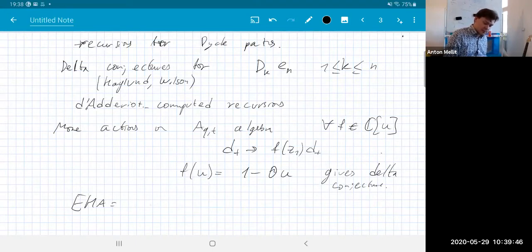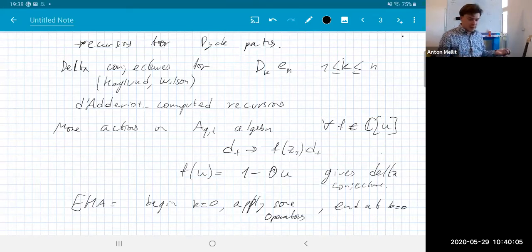So begin at k equals 0, apply some operators, and then end at k equals 0. These kinds of expressions belong to the elliptic Hall algebra. And so we get an action on the elliptic Hall algebra.